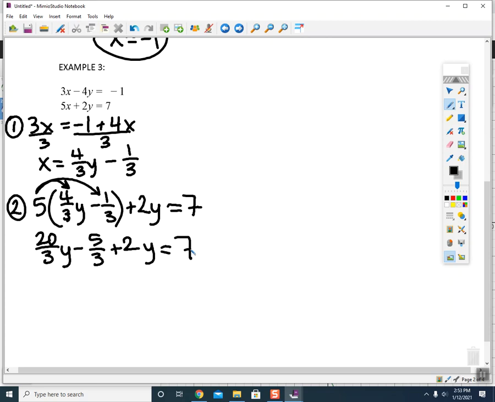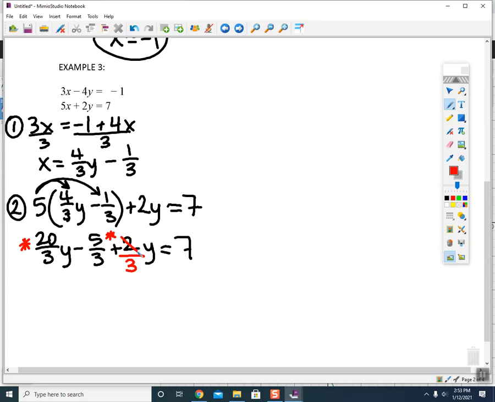All right, now I have to start combining things, right? And I know that when I add fractions, I need to have a common denominator. So I'm going to look at I can combine my 20/3y and my 2y over here, right? But I need to have a common denominator. So my common denominator is going to be 3.